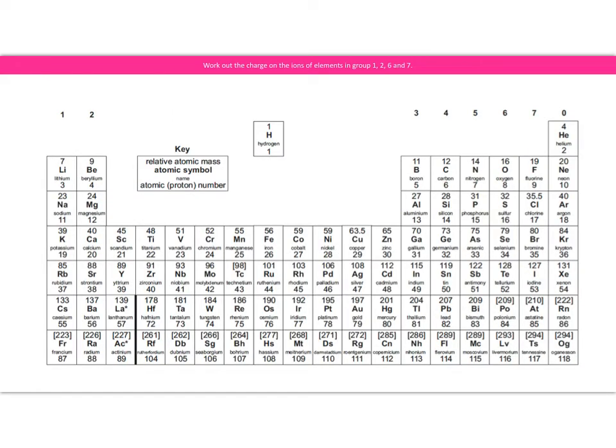Now we're looking at working out the charge on the ions of elements in groups 1, 2, 6, and 7. Remember, one of the things that the group number tells us is the number of electrons in the outer shell. Group number equals the number of electrons in the outer shell.